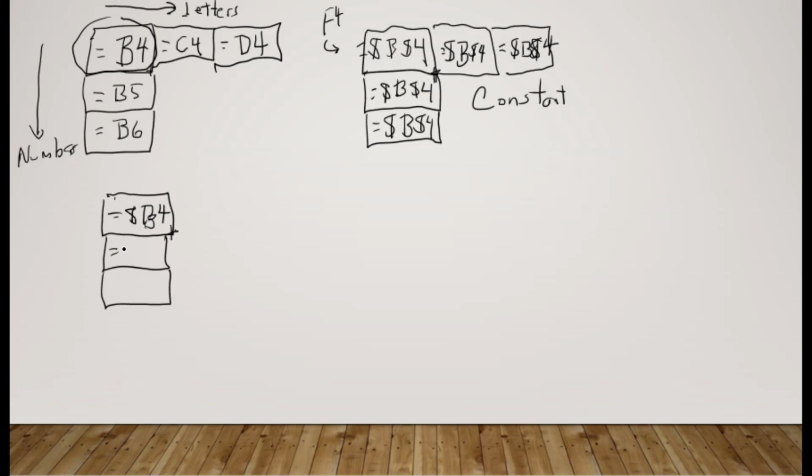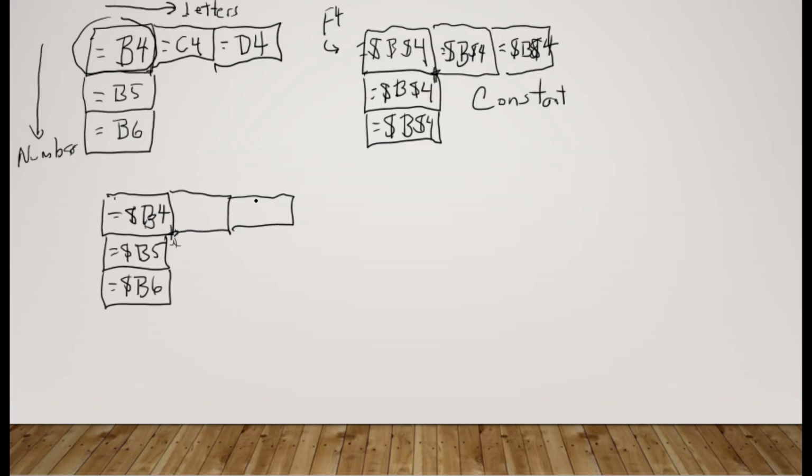This is going to be equals $B5. The number changed. And this is going to equal $B6. The number changed. Now I'm going to fill to the right 2 cells using the fill tab, which is right there, right? And fill it to the right.